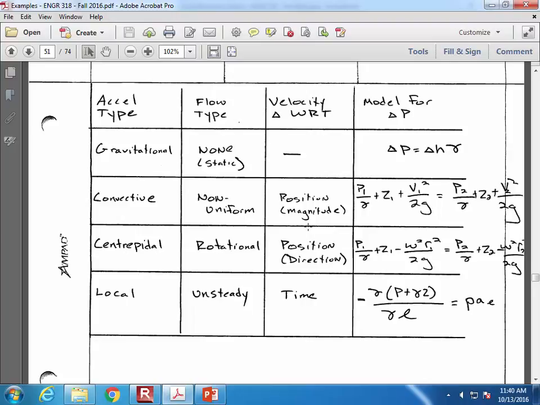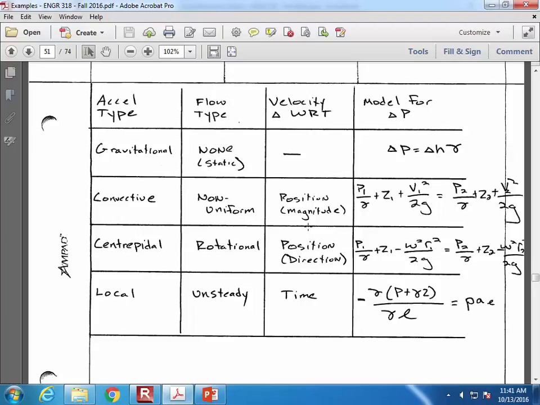All right, so if we have gravitational acceleration, what type of flow do we have? There's no flow if it's only gravitational acceleration. We would have no flow because the conditions are static if only gravity applies.